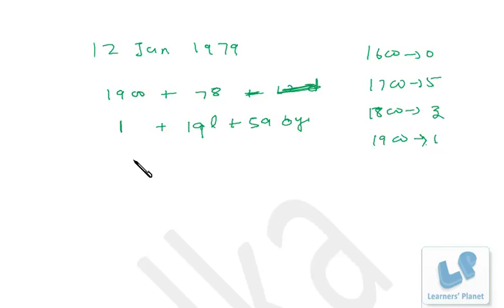Here it's 1 odd day. 1 leap year has 2 odd days, so 19 leap years will have 38 odd days. 38 divided by 7, 35, 3 is the remainder. 59 ordinary years, every year has 1 odd day, so 59 odd days. 59 divided by 7, that is 56, plus 3, that is 3 as the remainder. So 3 and 3, 6 and 1, 7 is 0. Now the calculation is complete.